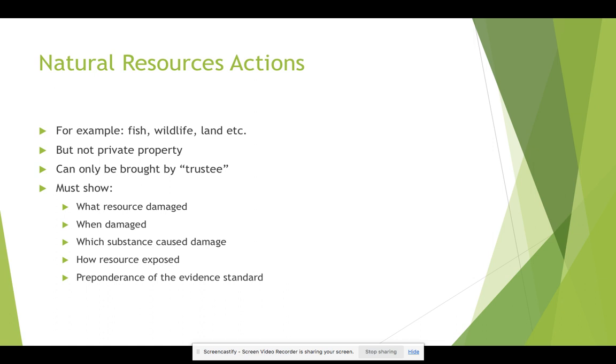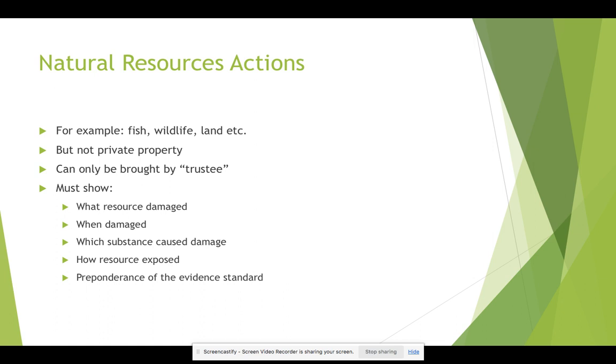So fish in a river hurting, a wild animal population, or maybe somehow bothering public land, but not private property, right? So it's not like if it's private property, then the individual can bring an action. But if it's a natural resource, governmental, state, or federal, a trustee of that natural resource can bring an action.